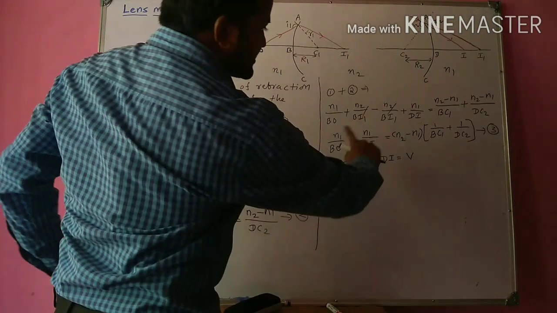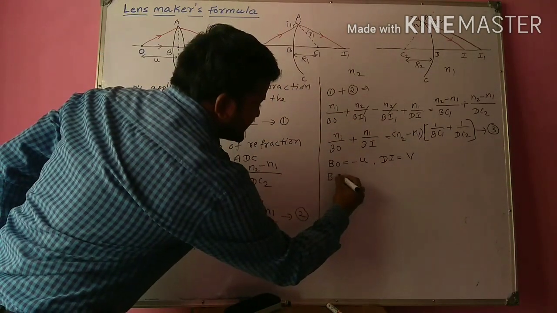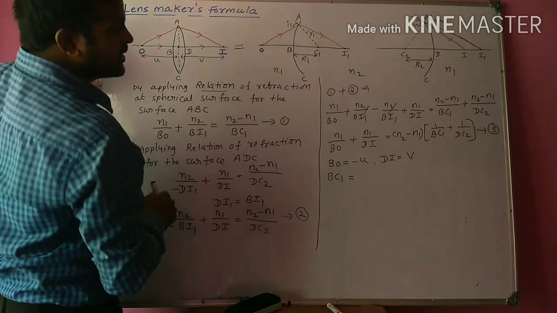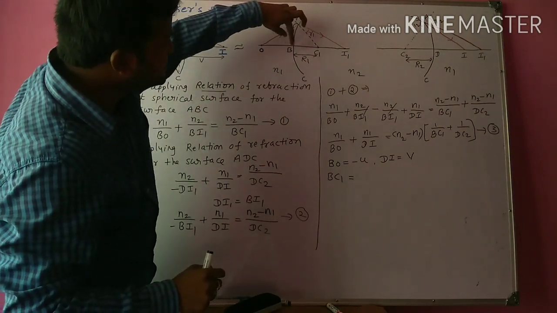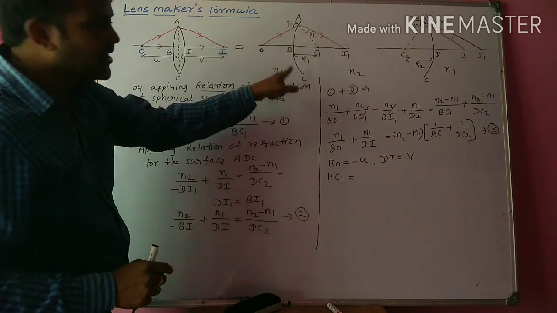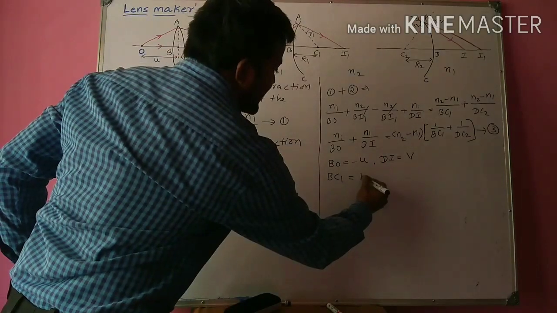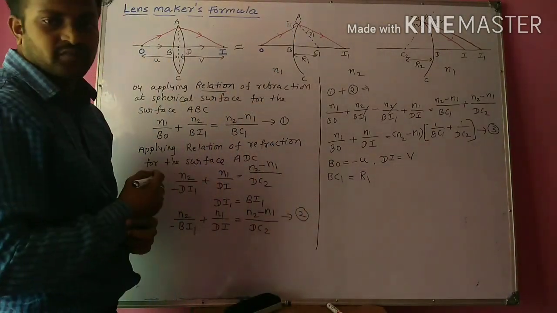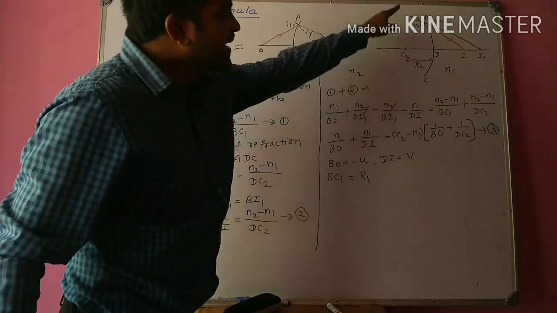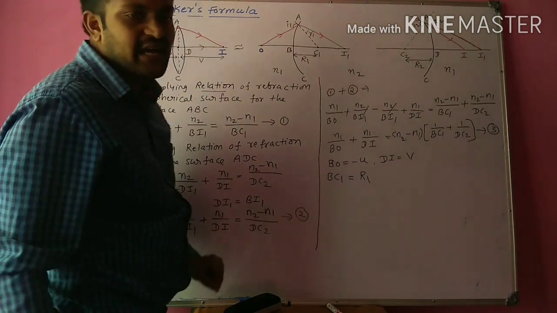Next, what are the remaining terms we have? BC1 and DC2. BC1 is the radius of curvature of the first ABC surface. It is measured in the same direction as the incident light, so it can be taken as plus R1. Next, DC2 means the radius of curvature of the second ADC surface, which can be taken as R2.